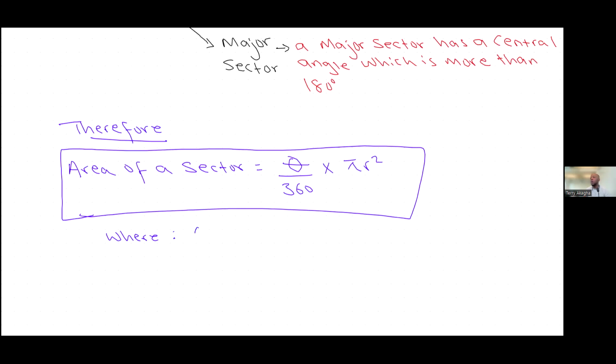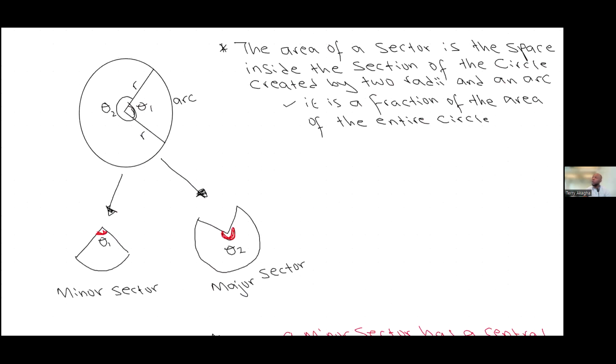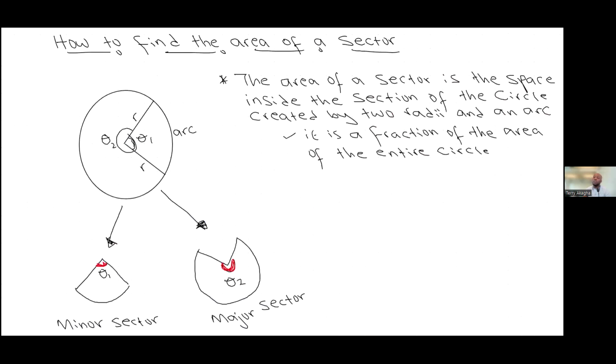Where theta is equal to the angle of the sector and r is equal to the radius of the circle. So that is that for that. You can see here a sector is bounded by two radii and an arc.